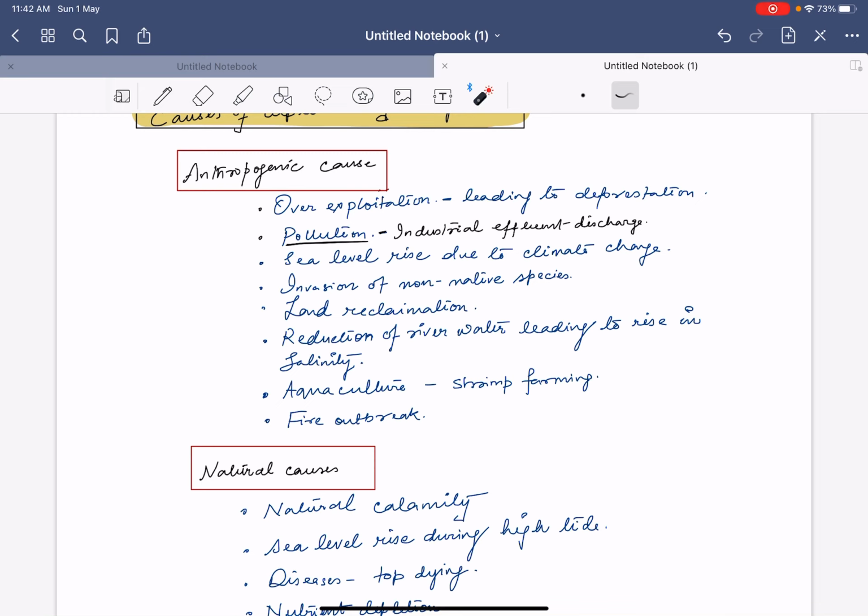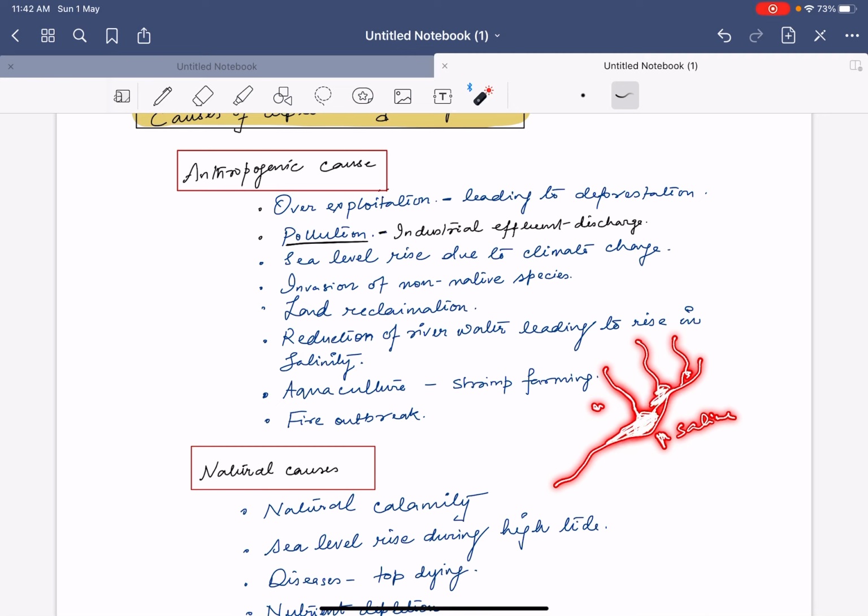Another factor is the reduction of river water, leading to a rise in salinity. Remember that this is the coast, and rivers are flowing. In this region you will find the mangroves, or these are the estuaries where the fresh water meets the saline water. When the fresh water meets the saline water, this is the place where the mangroves grow.